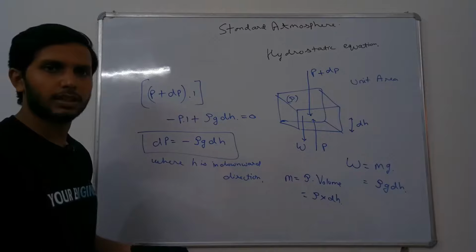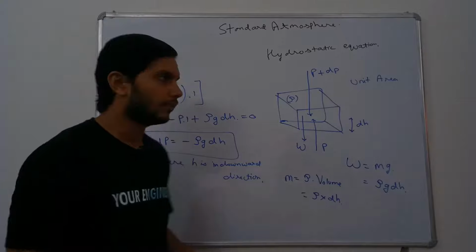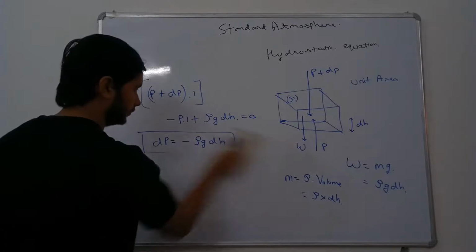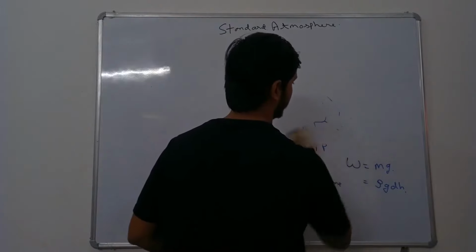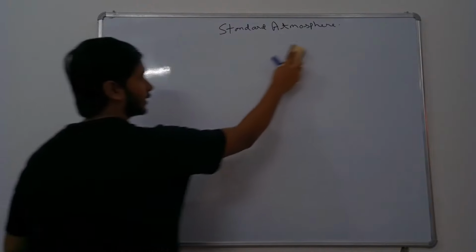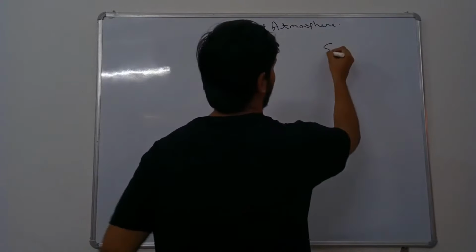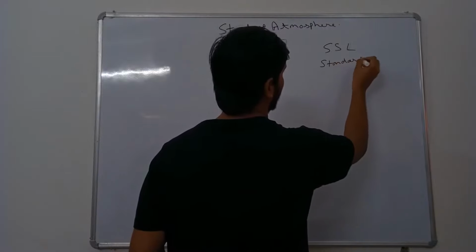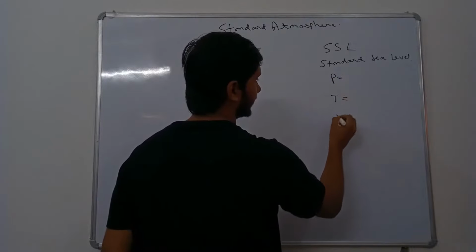So let's see how the standard atmosphere works. Before that we will draw a diagram which shows how the atmosphere changes. Standard sea level, SSL, that I just told you about, has pressure, temperature, and density.